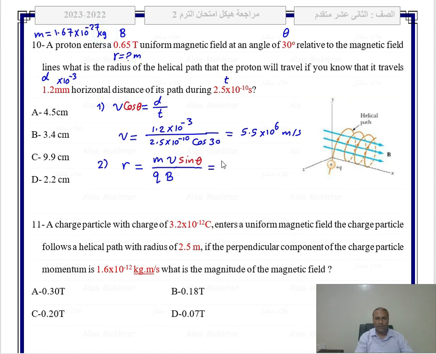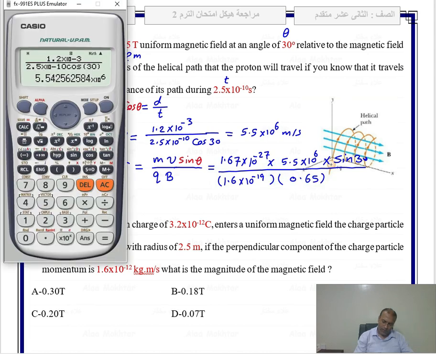It's a constant. V we have, 5.5 times 10 to the power 6, times sine 30, over q of the proton, 1.6 times 10 to the negative 19. B is 0.65. Use your calculator.